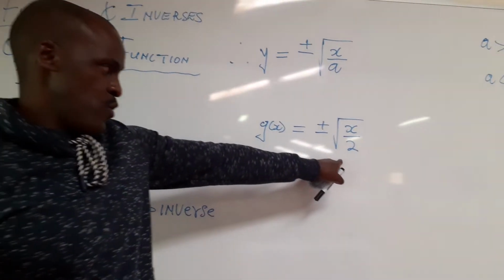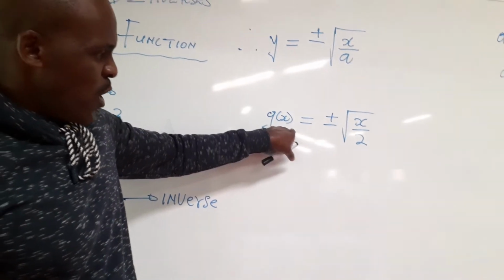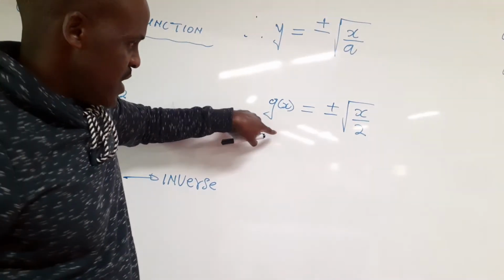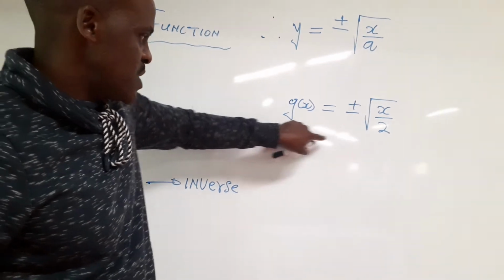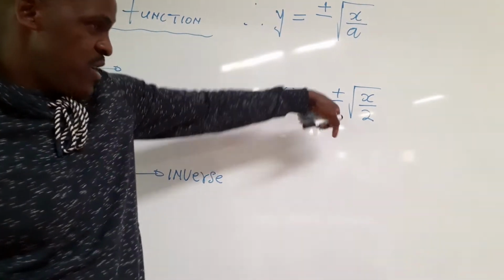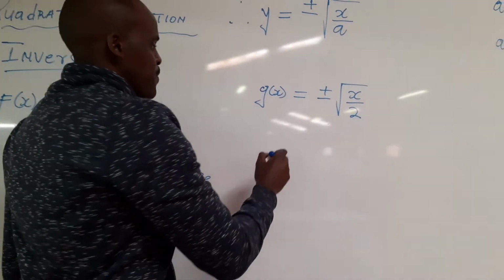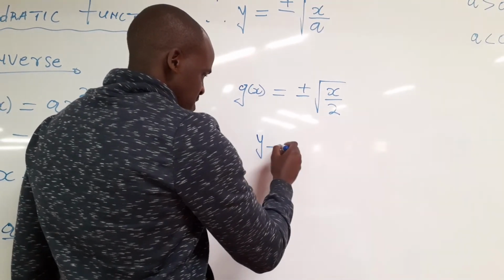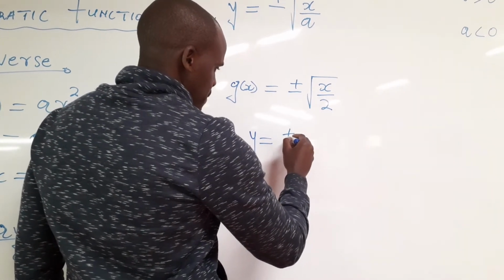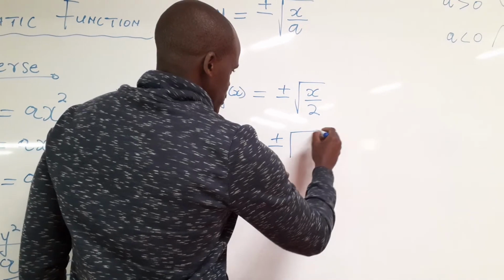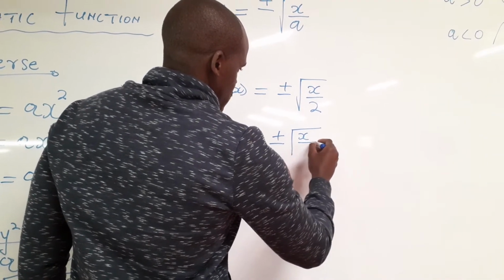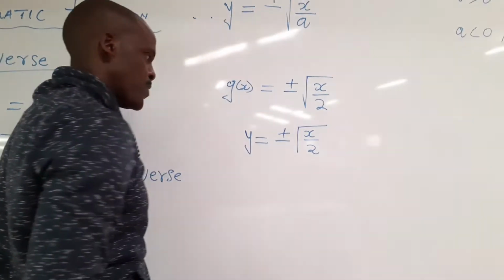Our a is 2, right? Let's say you are being given that this is the function, and you are to find the inverse of that. You write this as y equals plus or minus square root of x over 2.